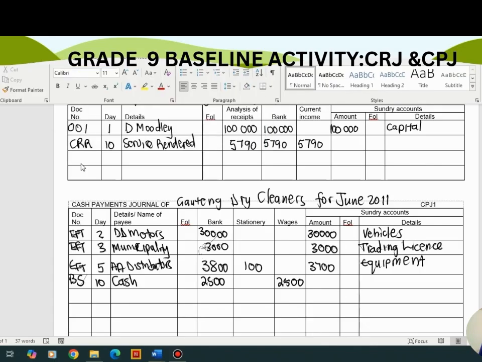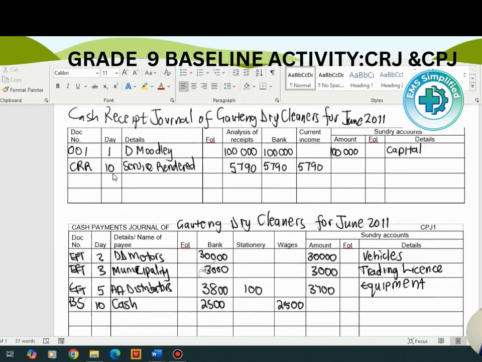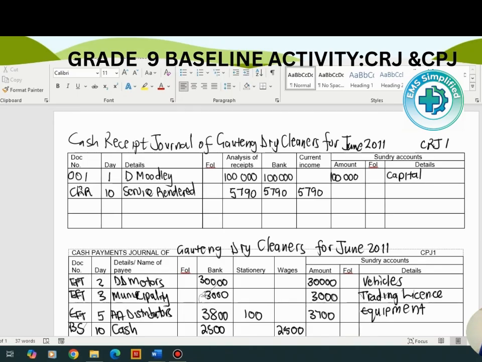The next one is rent received from A Almost, 4,210, receipt issued on the 6th of April. So this transaction goes to the cash receipt journal. What is the source document?